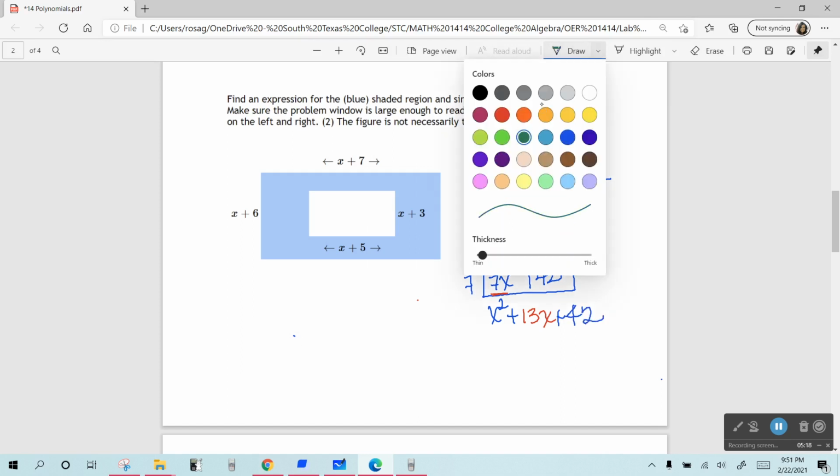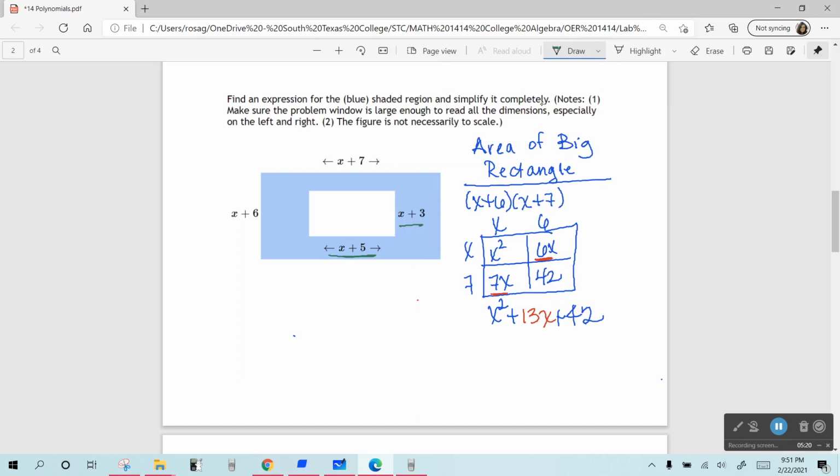Now I'm going to do the little rectangle the same way.